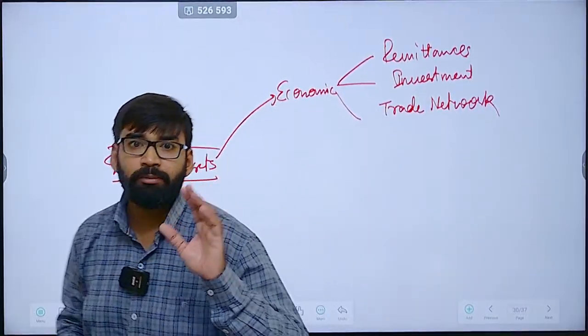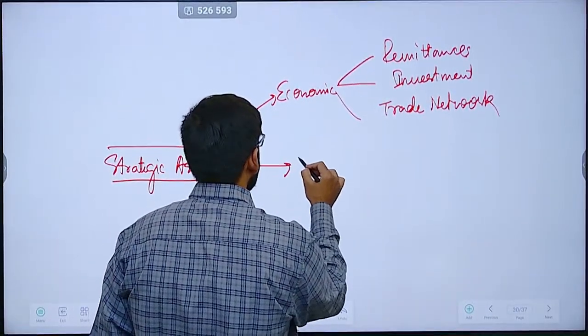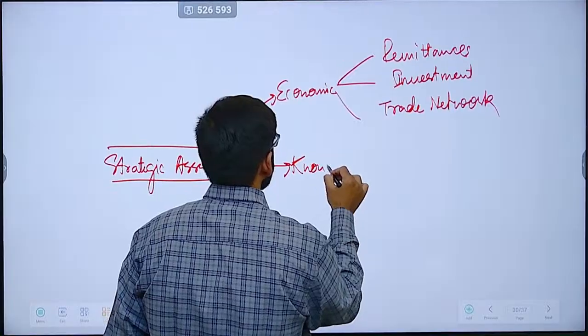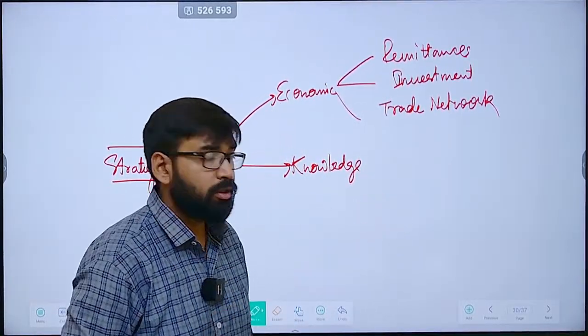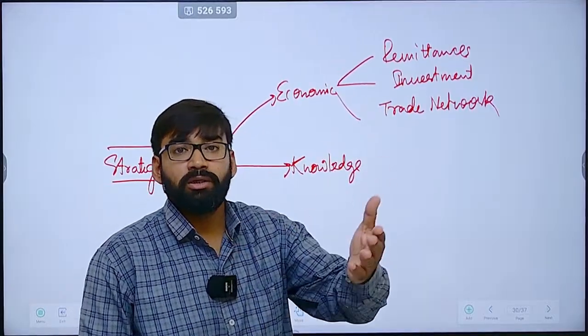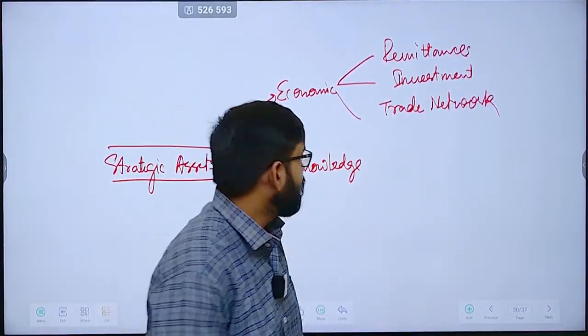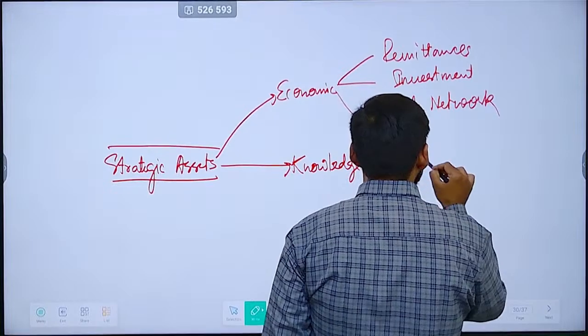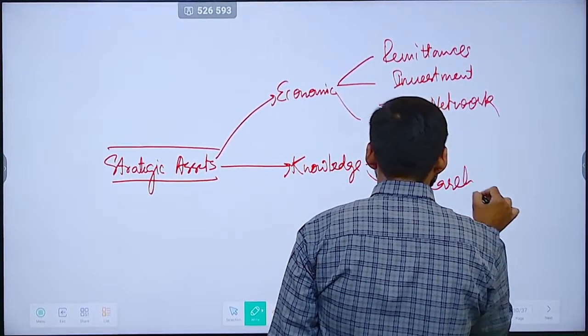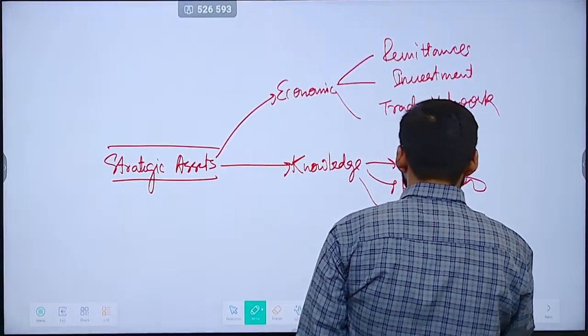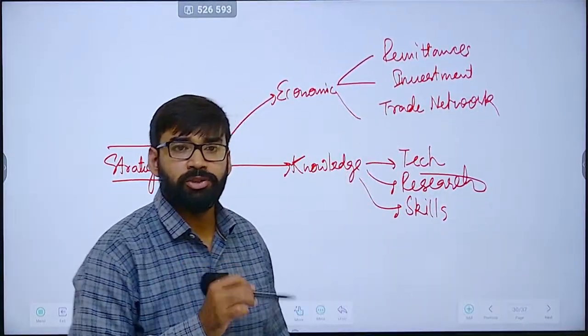Clear? Second important thing you can mention about the knowledge. Yes, knowledge is also very important. Clear? Knowledge in what? Knowledge in technology, research, skills, etc. These things you can mention.